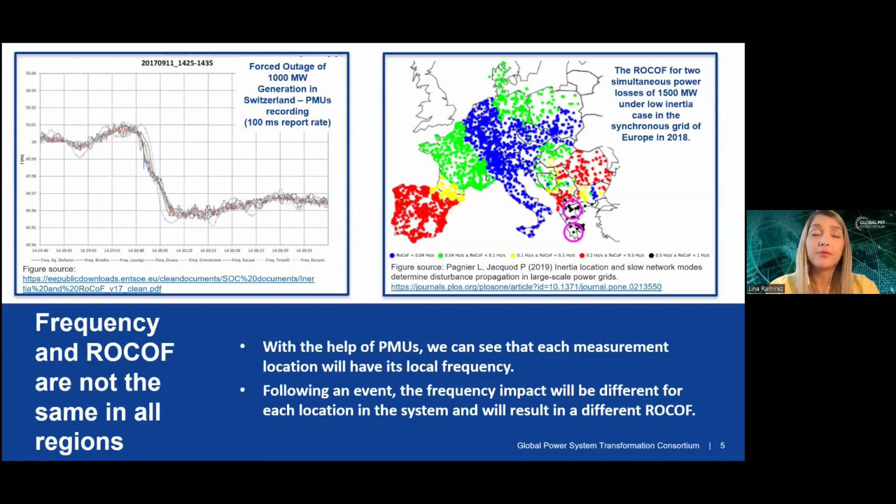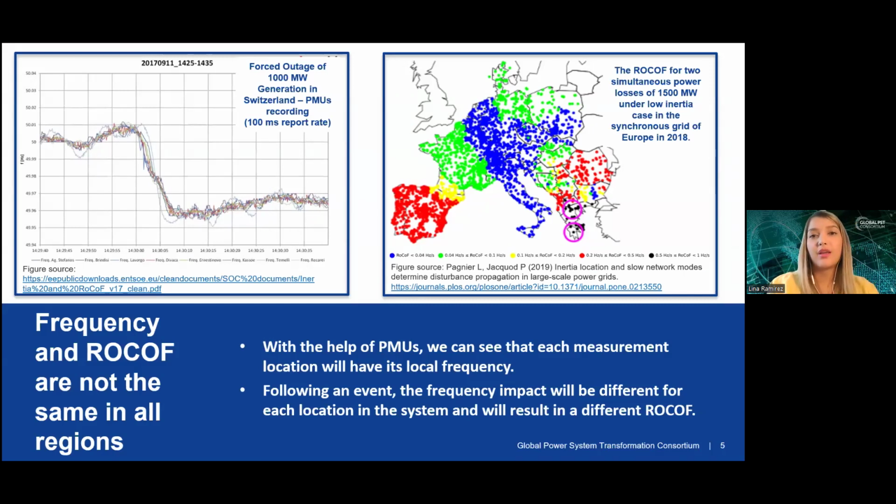Also regarding frequency during the resting period, we need to consider that in some systems, the frequency is not the same in all the points. And it is because it's not the same issues in every area.